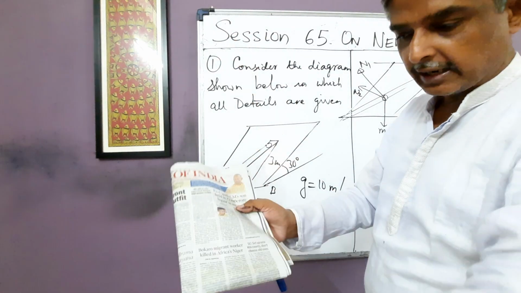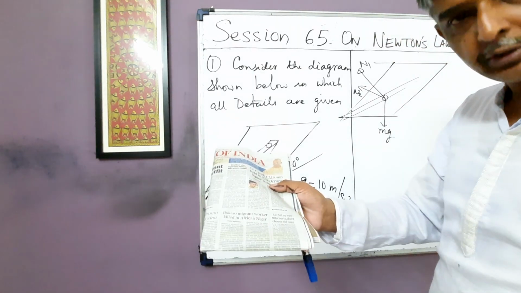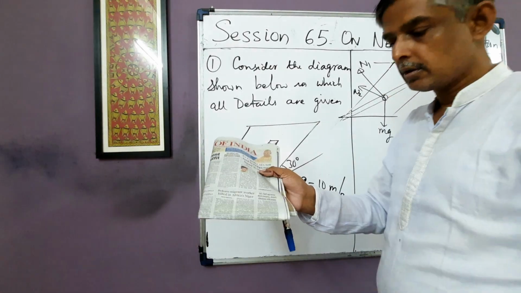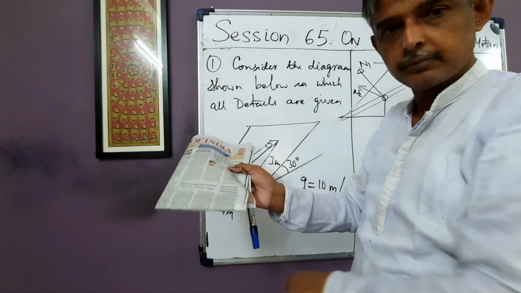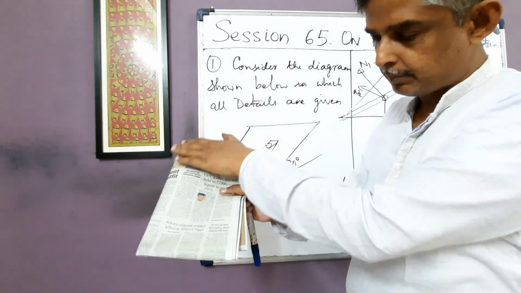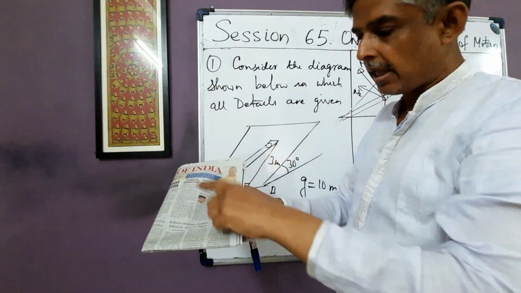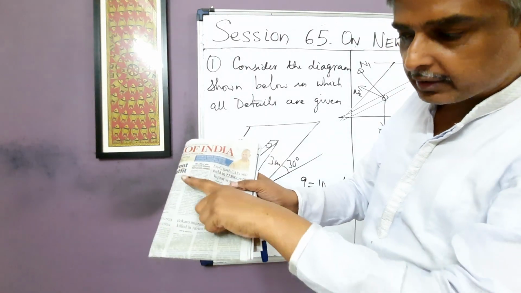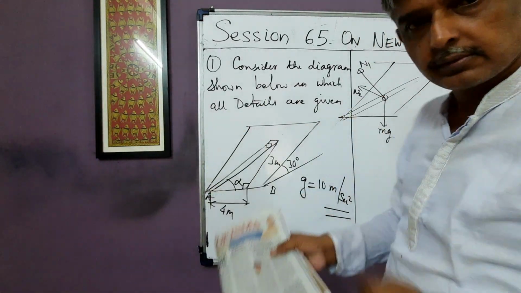And the groove is something like this, so the groove will exert a normal force N2 like this. So what are the forces on this particle with respect to ground? A weight mg in downward direction. Then the inclined plane will exert a force N1, and the groove will exert a force N2 on the particle in this direction. So these are the three forces.